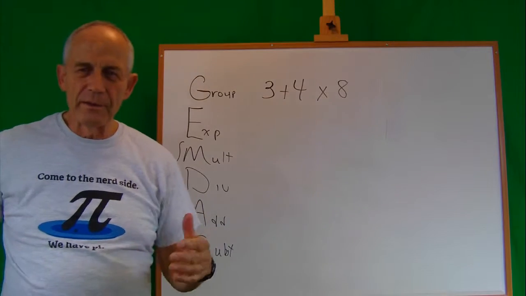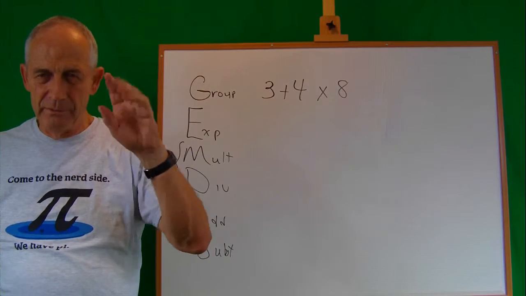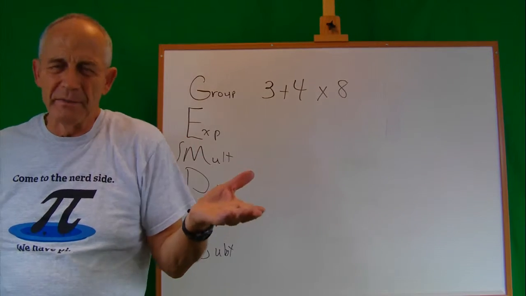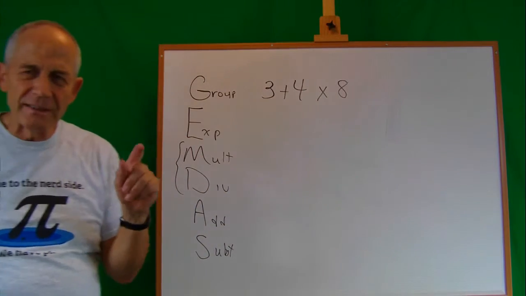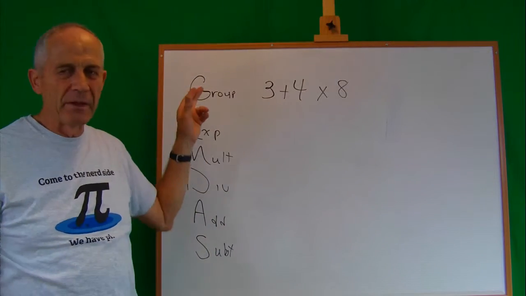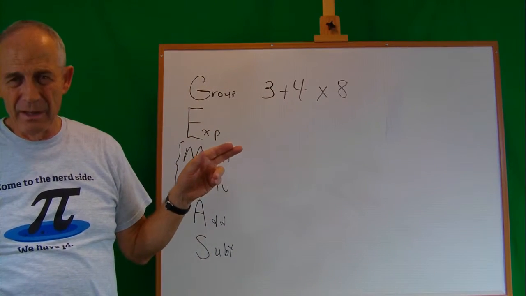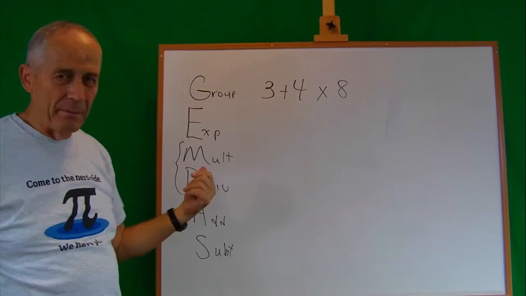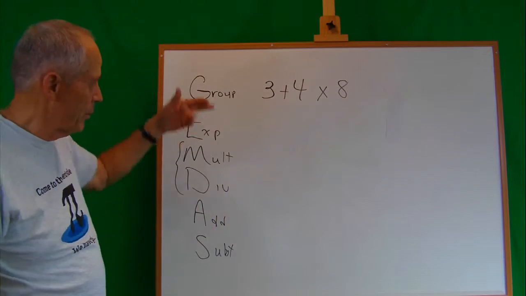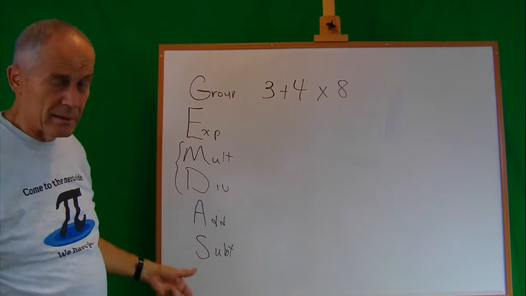But that's a lot to remember, so what we do, this is called a memory device, or a mnemonic if you care, but it's just something that we do to help us remember. We just take the first letters of that and use them to give us a word that will help us remember it. So our word here is GEMDAS.